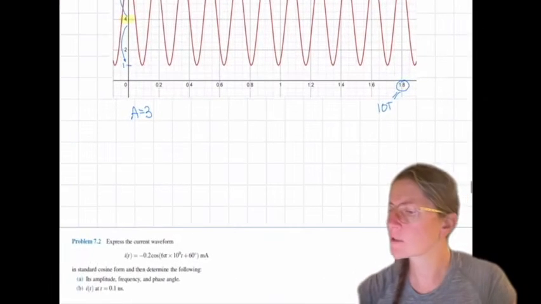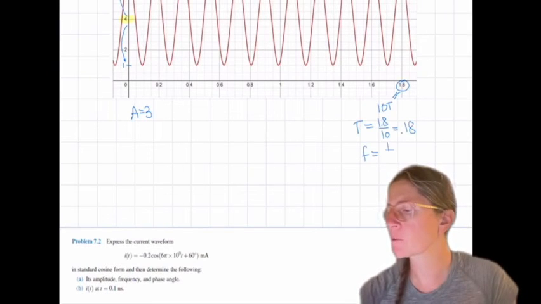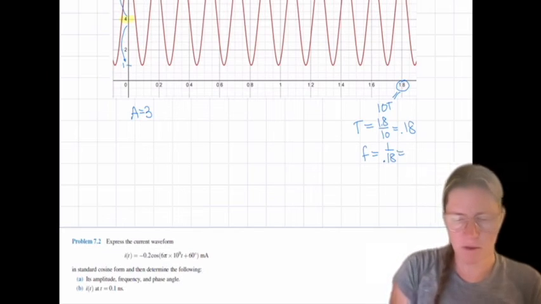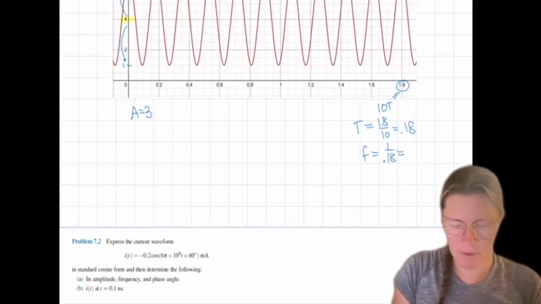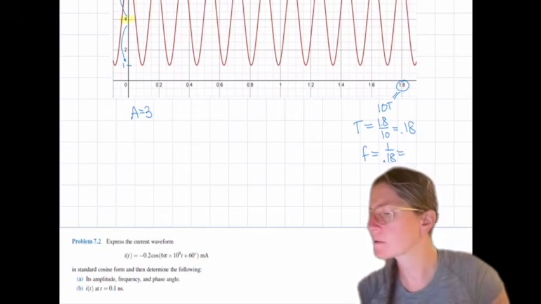So T is then going to equal 1.8 over 10, or 0.18, and f is going to be 1 over that, which ends up being 1 divided by 0.18, which is 5.6 hertz.